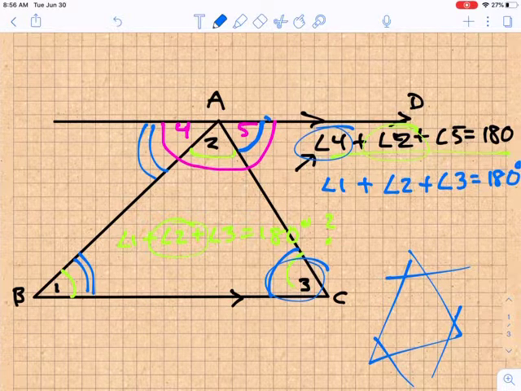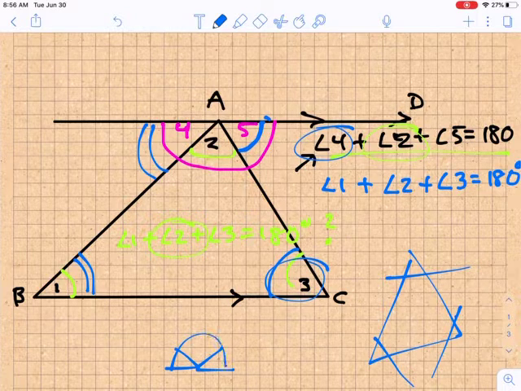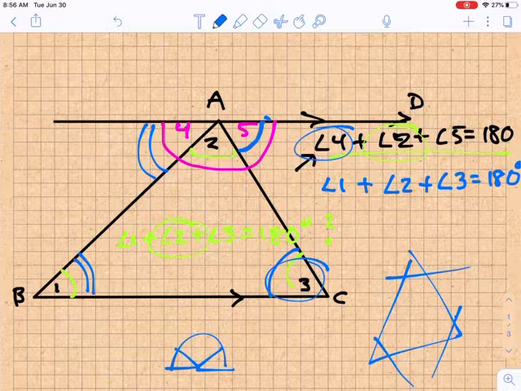You'll get a piece here, another piece here, and another here, and they add up to 180 degrees. So this always works. This is a theorem, like a law. I hope this helped.